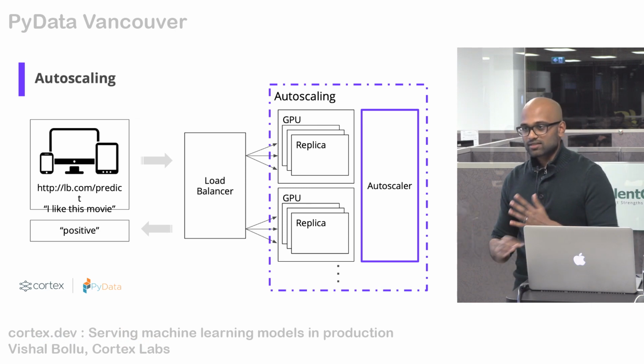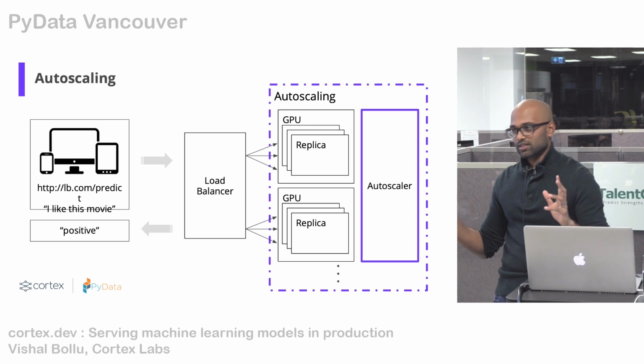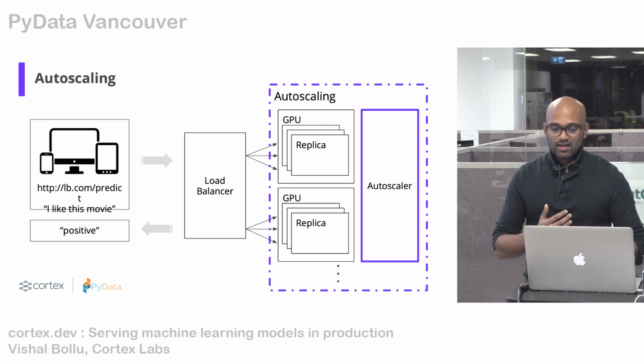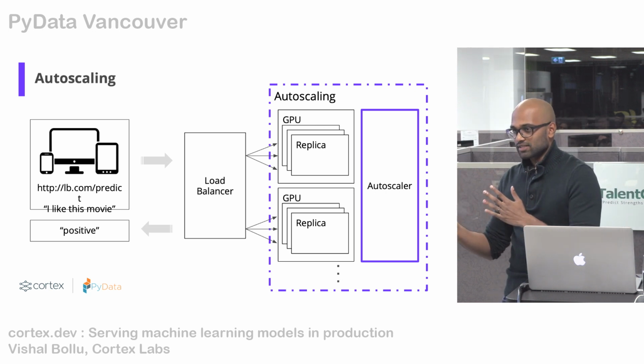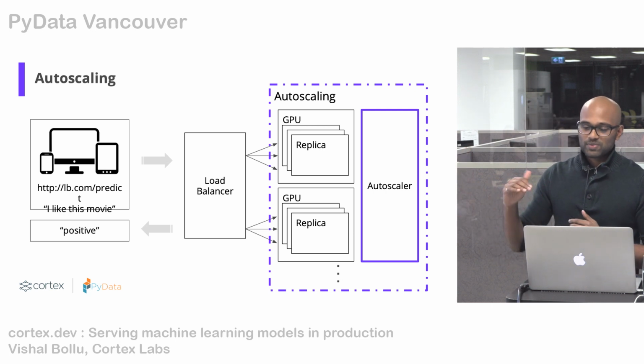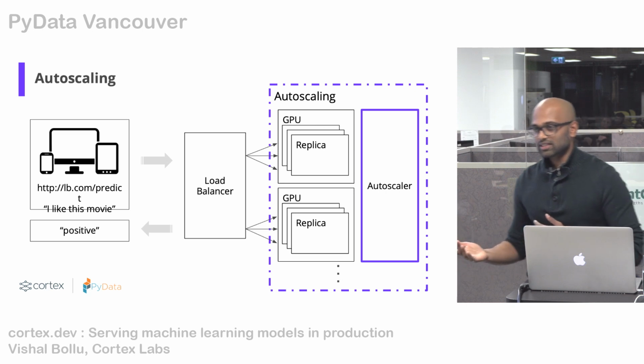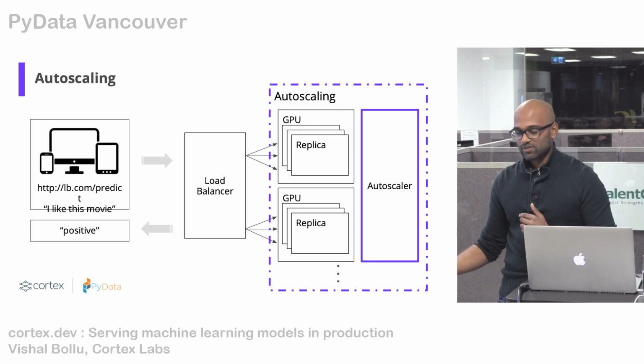Whichever the case is, the autoscaler has an oversight of the cluster performance. And if the utilization is exceeding a specific threshold, then the autoscaler will allocate new instances. And conversely, if the usage falls below a specific threshold, the autoscaler scales down.